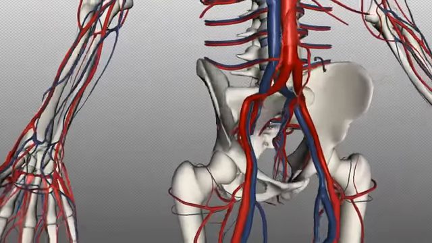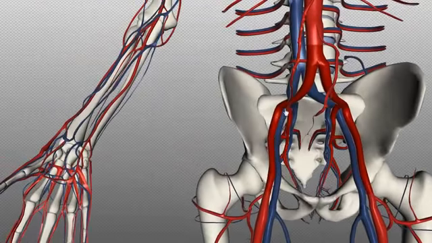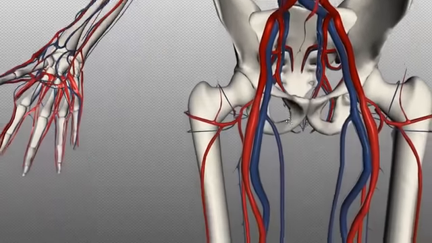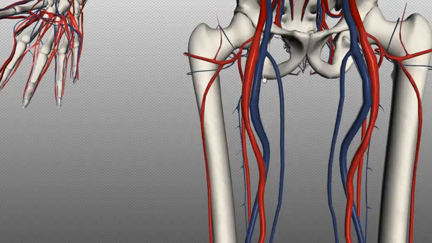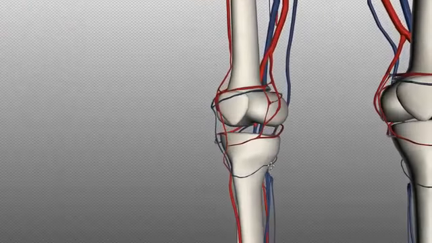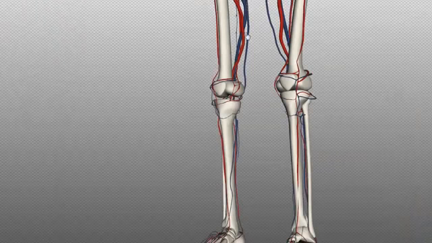So just moving back to where we were, I've got the common iliac veins, which are formed from the external and internal iliac veins merging. Working our way down, the external iliacs are formed from the femoral vein, and this long vein which runs down the entire length of the leg on the medial aspect is called the long saphenous vein.